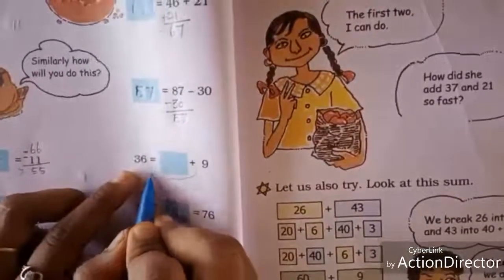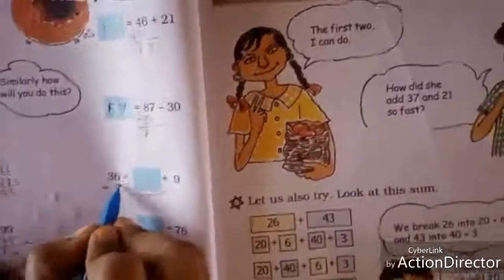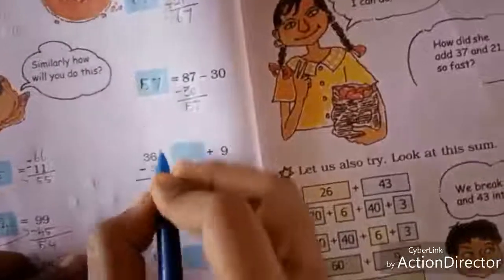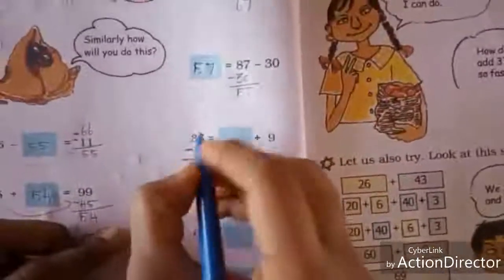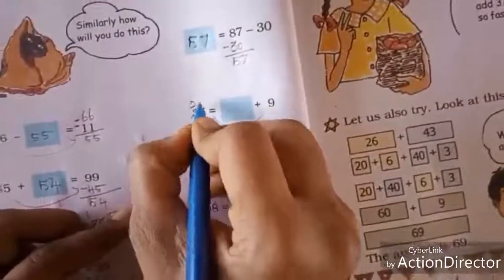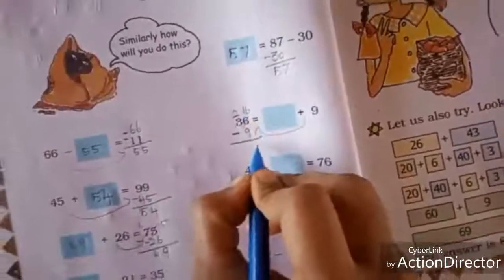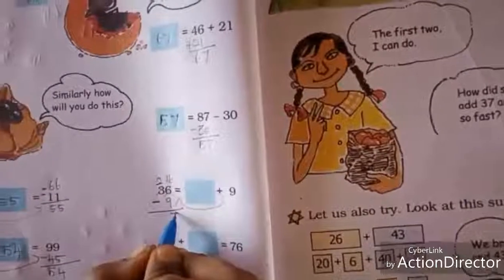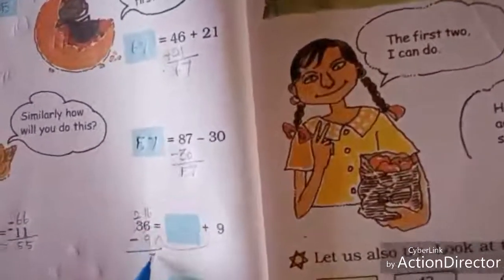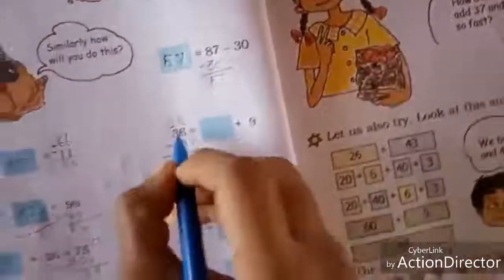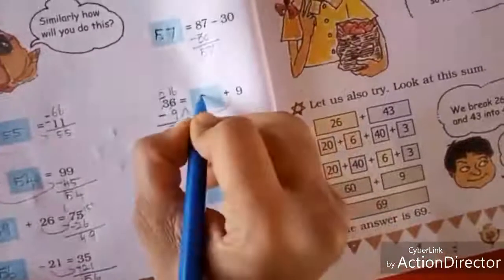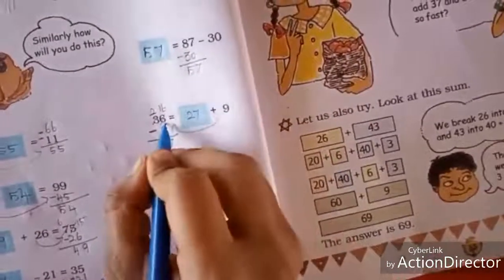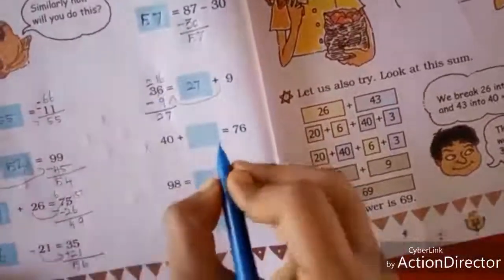Here plus sign, come this side, it will become minus. 6 minus 9, it is not possible, so we have to borrow. Here it will become 2, here it will become 16. So 16 minus 9, that is equal to 7. 2 will come. So 27 plus 9, that is equal to 36.